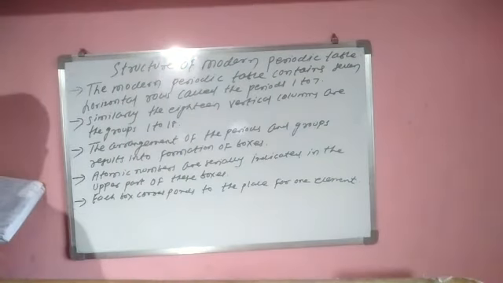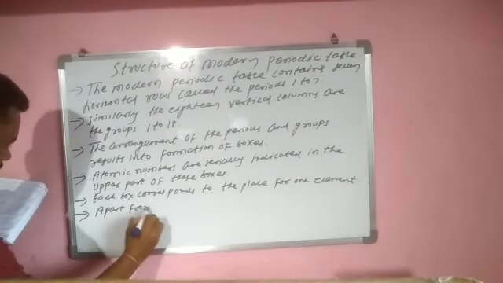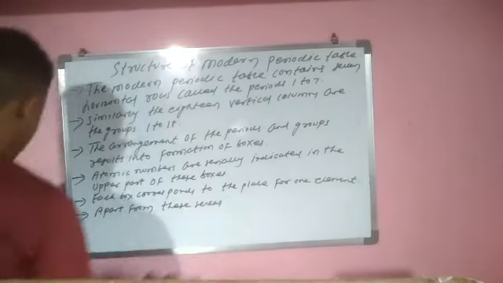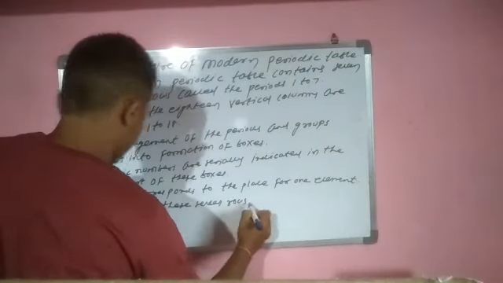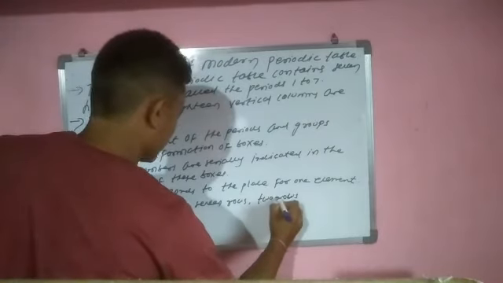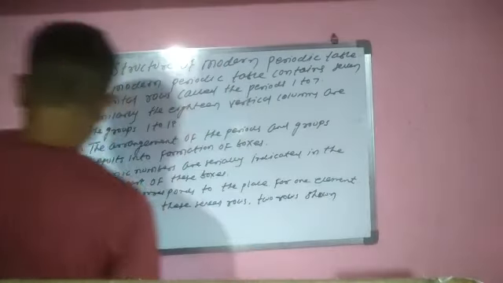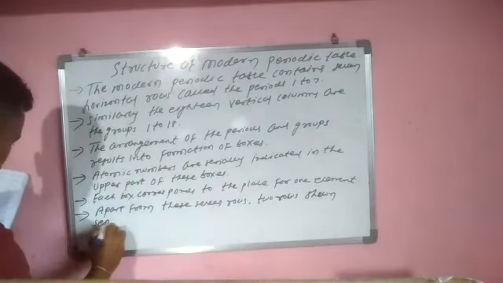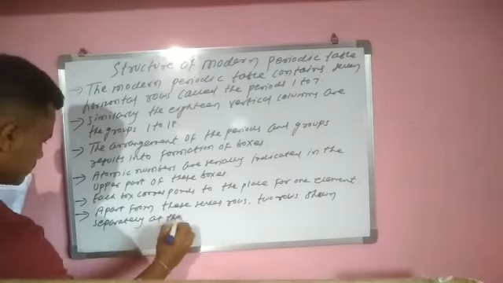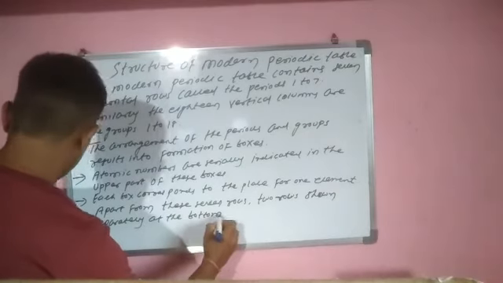Apart from these 7 rows, two rows are shown separately at the bottom of the periodic table.